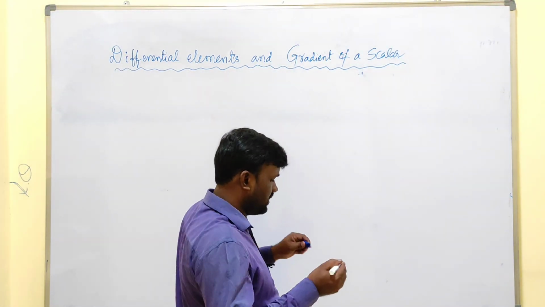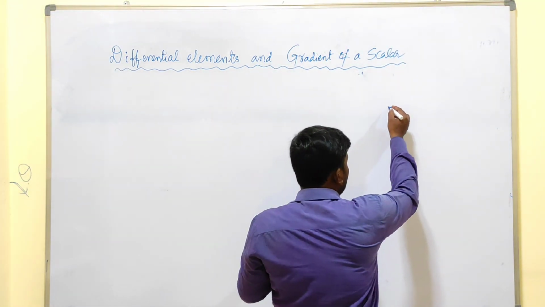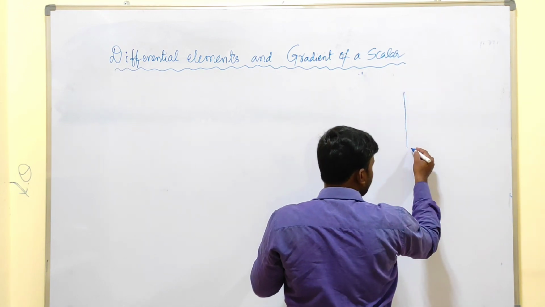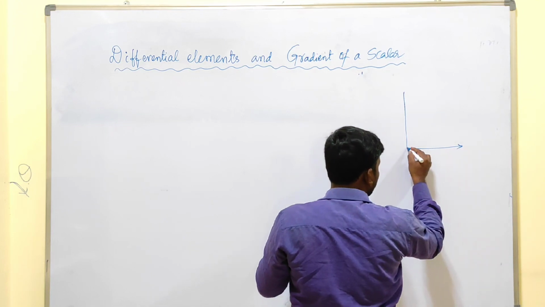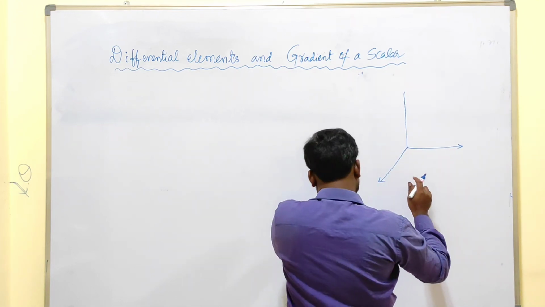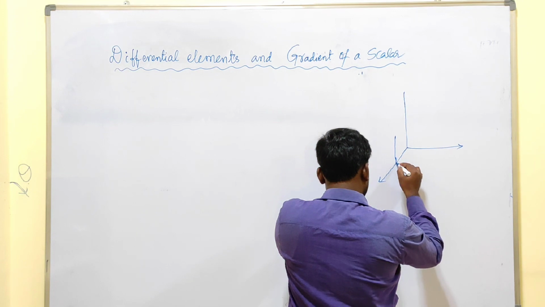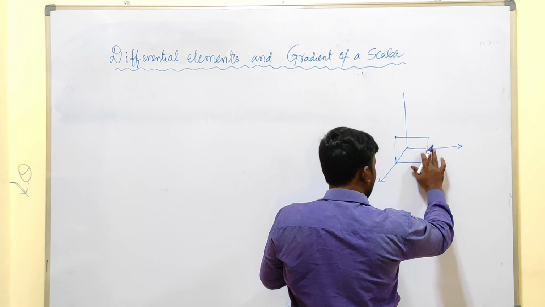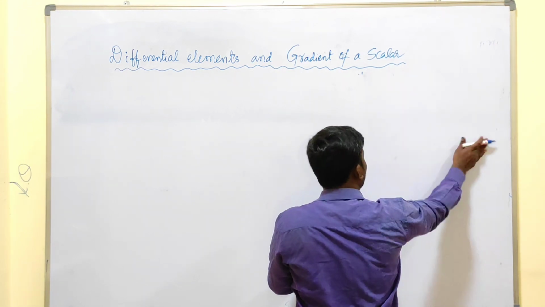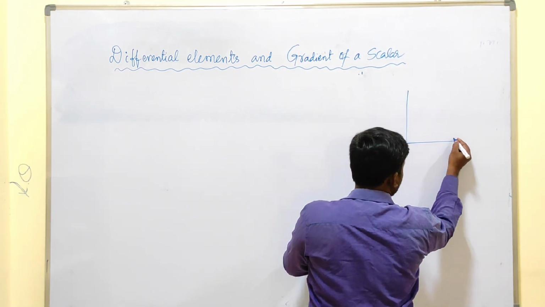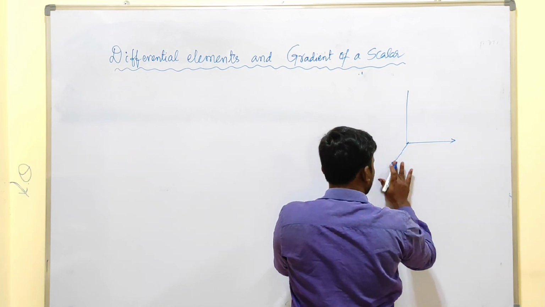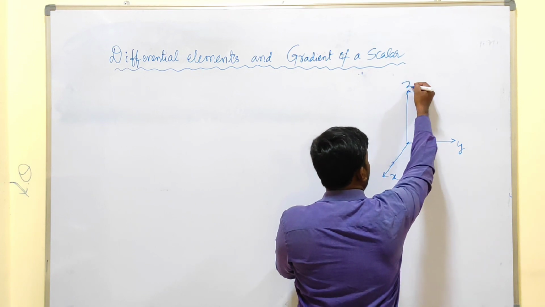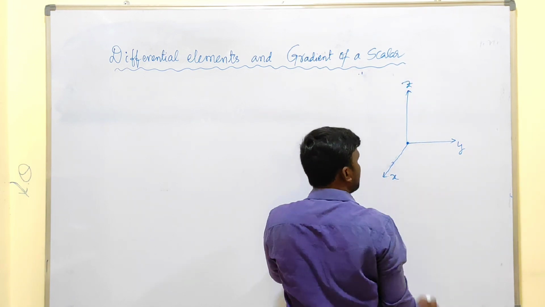Now let us consider a Cartesian coordinate system. It has our x axis, y axis and z axis, and this is our origin.